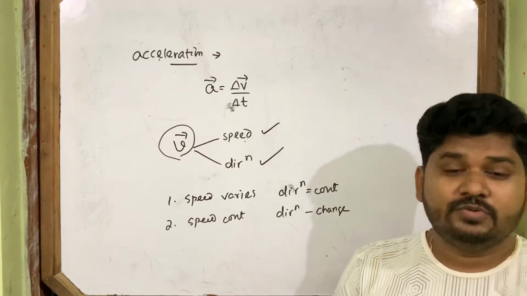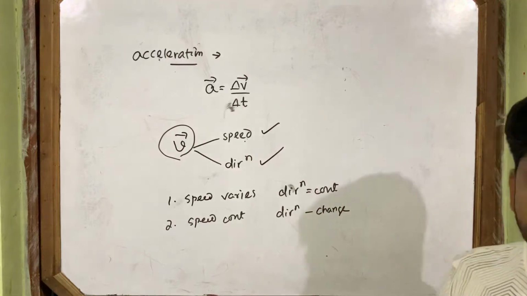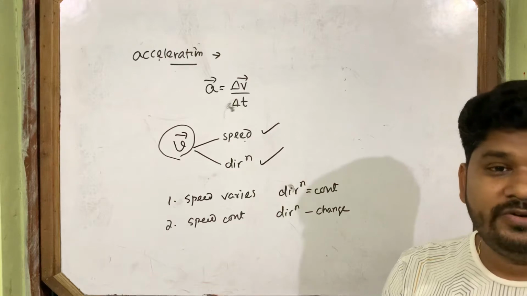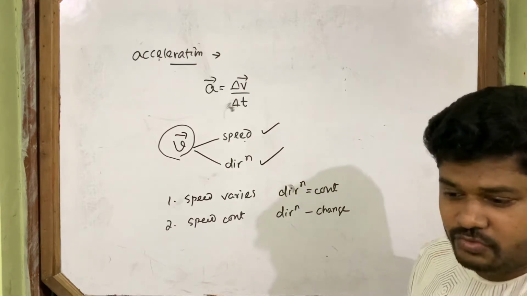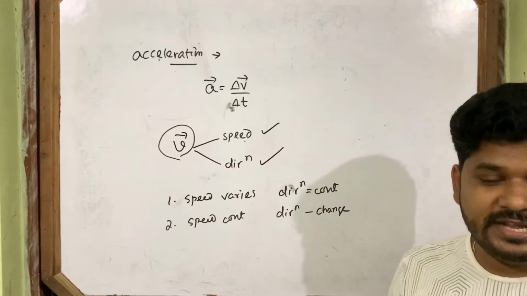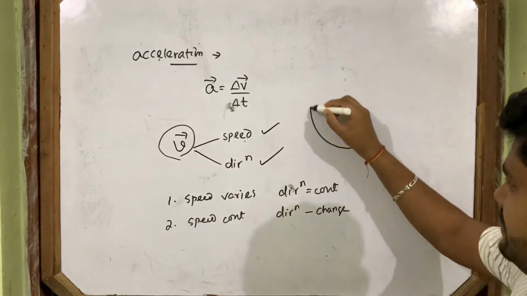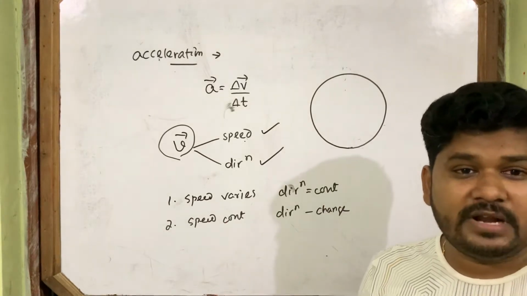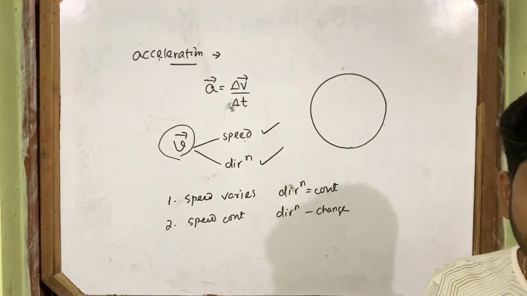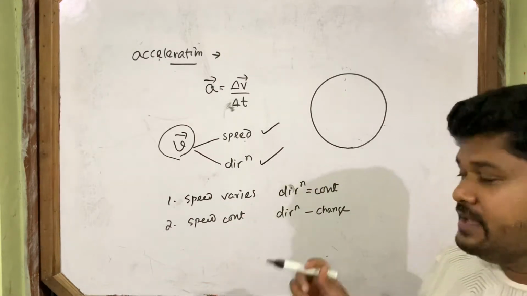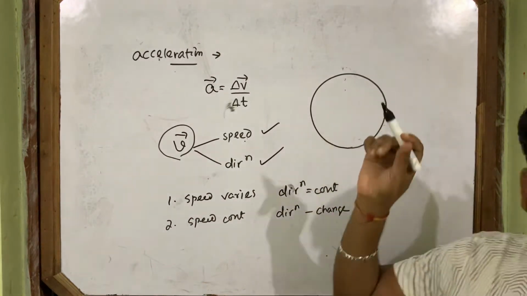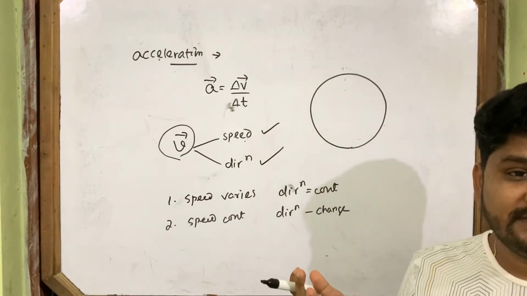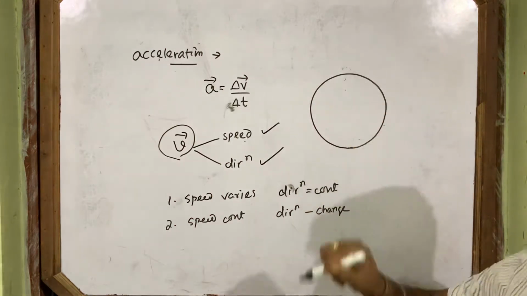When a body moves in a circular path, suppose you start your vehicle and maintain a particular speed, say 20 km per hour, and you move in a circle. But the speed is constant, 20 km per hour. Then what happens here? Speed is constant, but what about the direction? The direction is changing at every point.